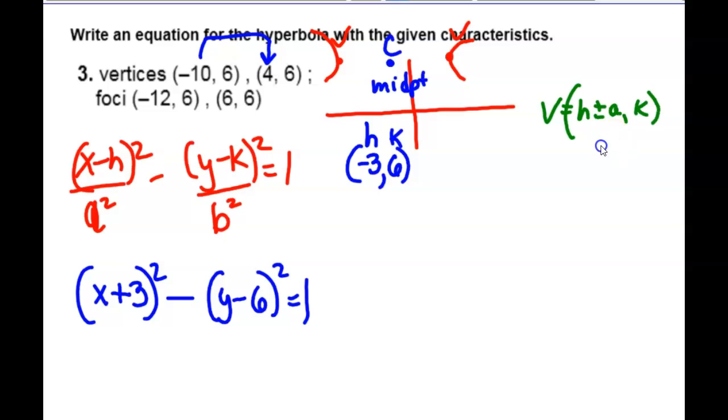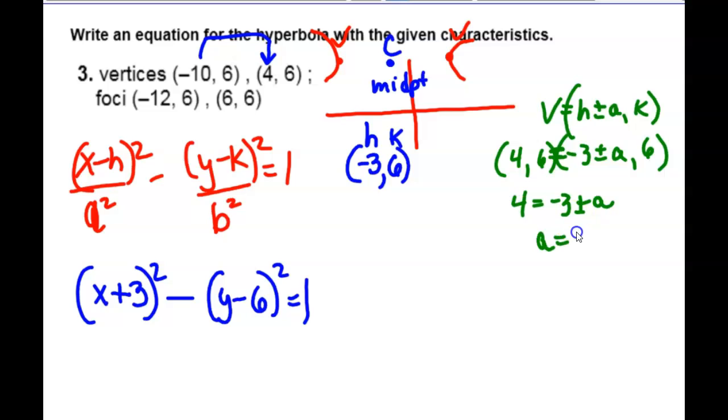Is that what it says, guys? Okay, and we know H is negative 3. And there was a vertice at like 4, 6. So 4 equals negative 3 plus or minus A. I'm thinking A is 7.